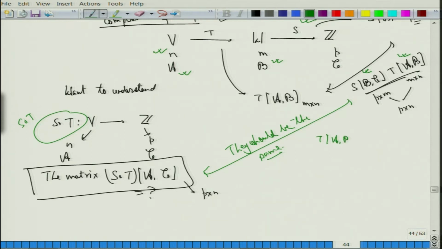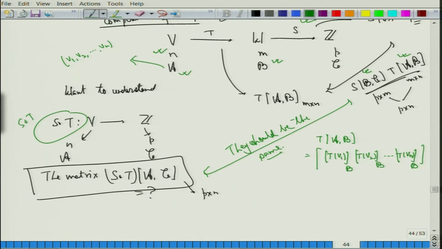If I want to look at T of AB, it will look like T of V1, T of V2, T of Vn. This has basis V1, V2, Vn, fine. Each of them has to be evaluated with respect to B, because B is the ordered basis of the codomain, I have to write like this.